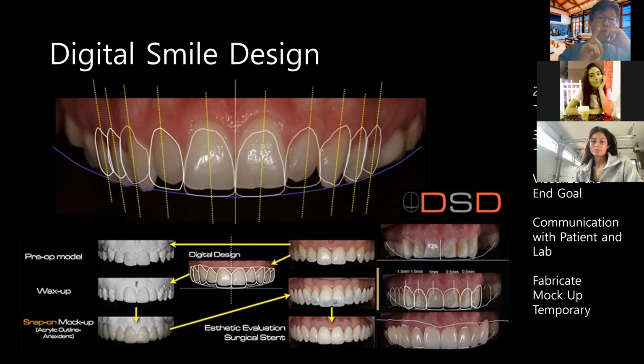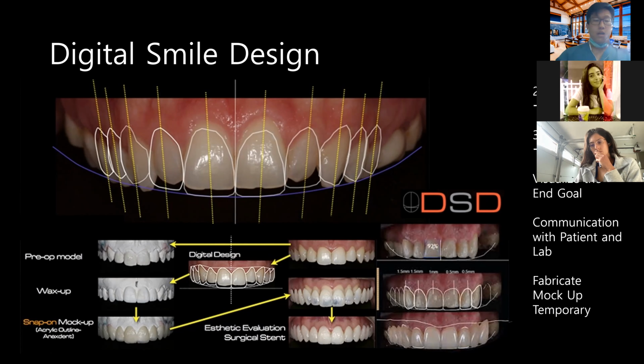And also, you can send this design that you've made to the lab so they know what kind of shape you're looking for, right? So it's a great communication tool and also a great motivational tool to help patients accept cases. And there's also 3D smile design, which is the same thing, except it's three-dimensional.